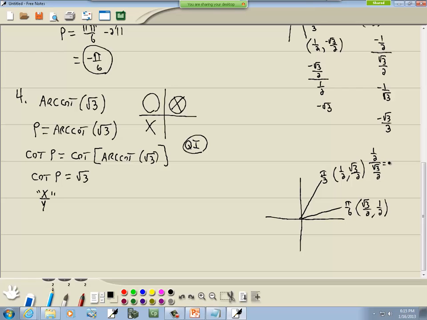The 2's would cancel. You'd have 1 over square root of 3, which is square root of 3 over 3. Not what we're looking for. Now this one, if I put x over y, I'm going to have square root of 3 over 2 over 1/2. 2's would cancel, and they have square root of 3 over 1, or square root of 3, which is what we're looking for. So that would give us pi over 6. And our cotangent is valid from 0 to pi, so that we don't have to do any kind of subtracting or any kind of weird thing like that.